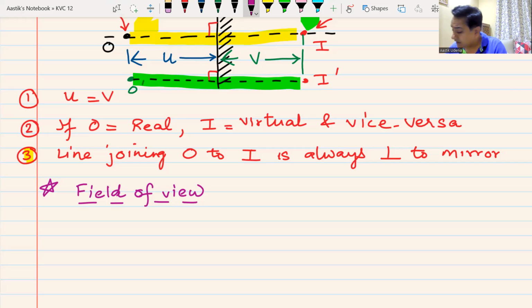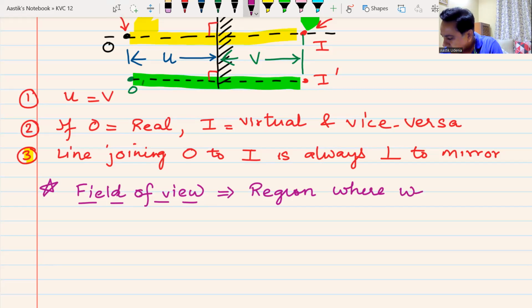It is the region where we can see the image of the object. Remember this.